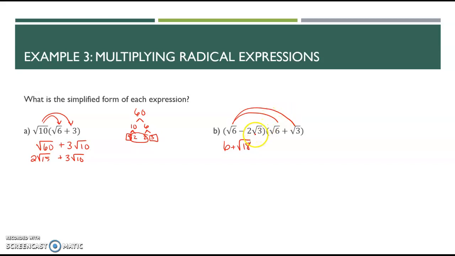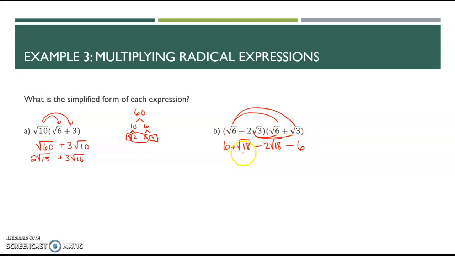I'm going to take the negative 2 square root 3 times the square root 6, which will give us a negative 2 square root 18. And then we're going to take that negative 2 square root 3 times square root 3. So we will end up with a negative, square root 3 times square root 3 is 3. So negative 2 times 3 is a negative 6.